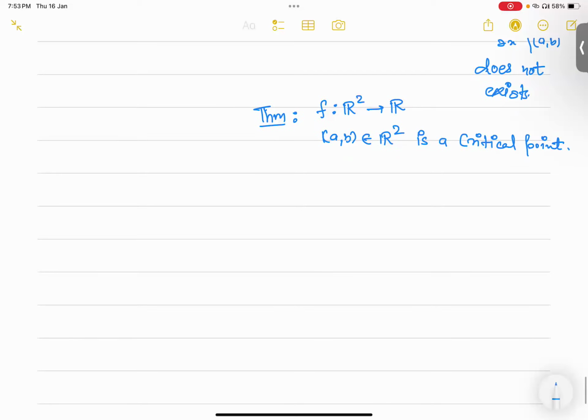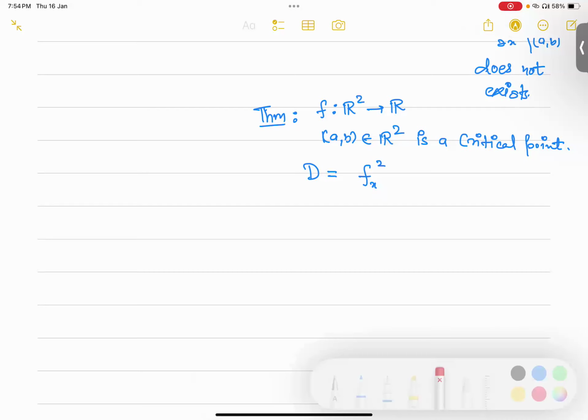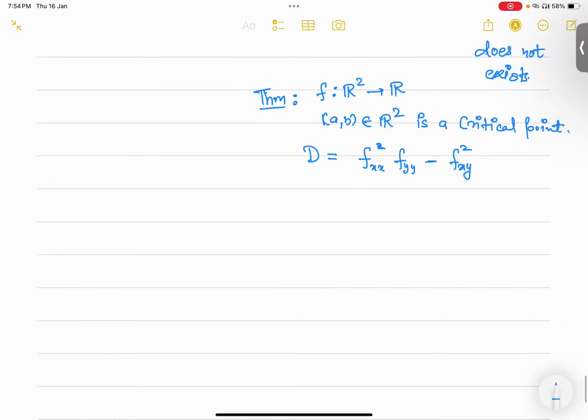Suppose your D is, calculate the second partial derivatives: D equals fxx times fyy minus fxy to the square.